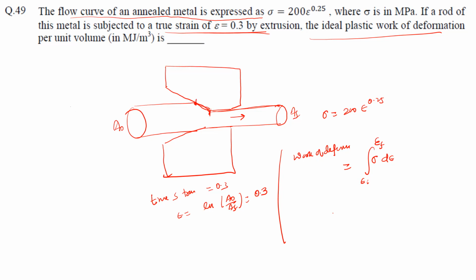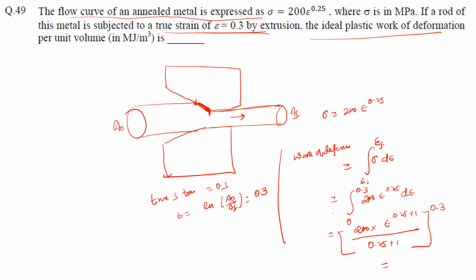So it will be the integral of 200 epsilon to the power 0.25 d epsilon, from 0 to 0.3. This implies 200 epsilon to the power 0.25 plus 1 divided by 0.25 plus 1, and the maximum limit is 0.3.